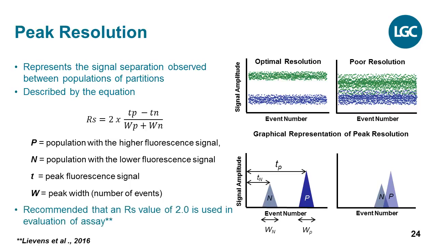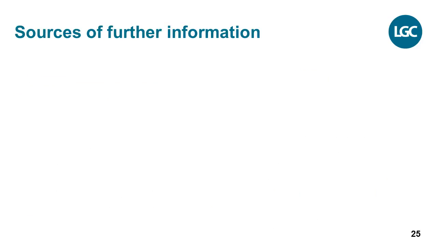It has been recommended that an RS value of 2.0 be employed in evaluating the quality of the data generated by a digital PCR experiment, as this ensures that clear separation between partition clusters has been obtained.